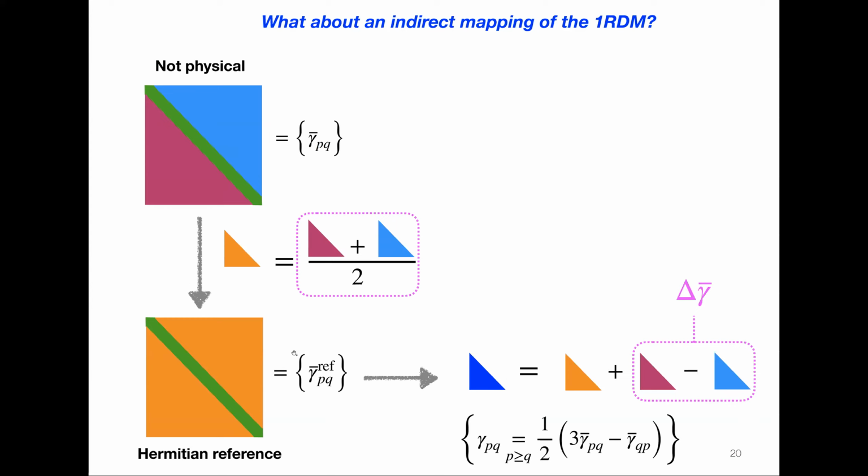My point is that if at the beginning you have this non-symmetric density matrix, it means that you need to exploit the difference between the upper and the lower triangle of your density matrix. So if we start from this reference Hermitian density matrix, we try to correct the elements by exploiting this difference between the upper and lower triangle.